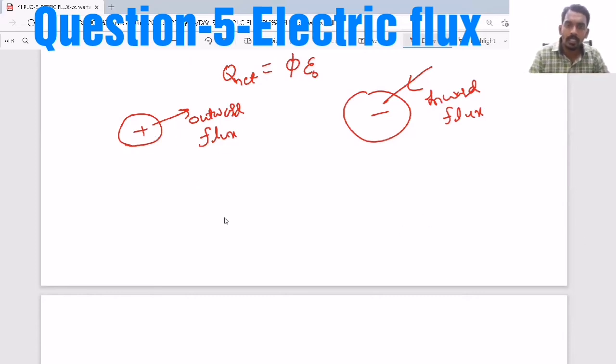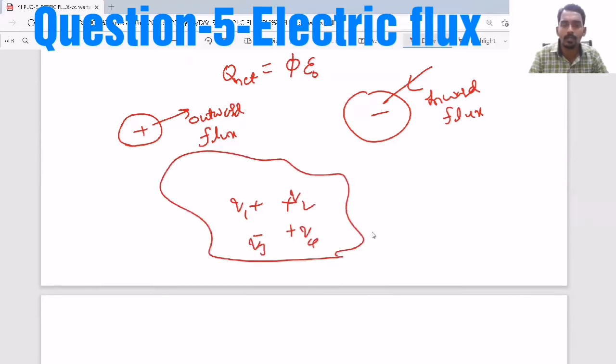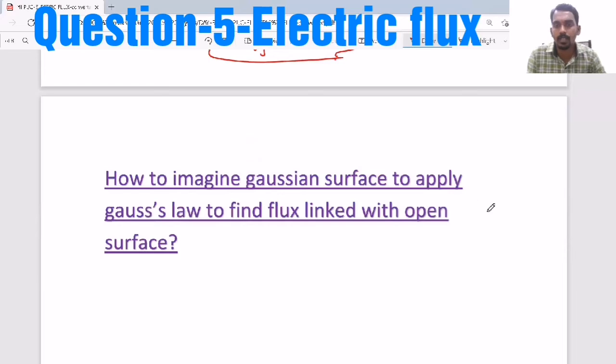Suppose there are many charges, Q1, Q2, Q3, Q4, plus or minus, and one surface encloses them. This we call a Gaussian surface: the surface which encloses all the charges, within which we can calculate the flux.